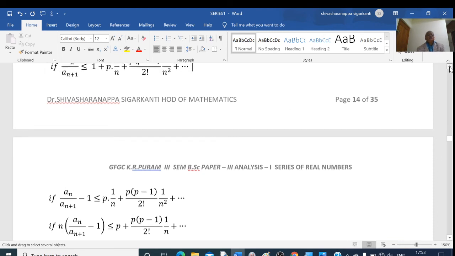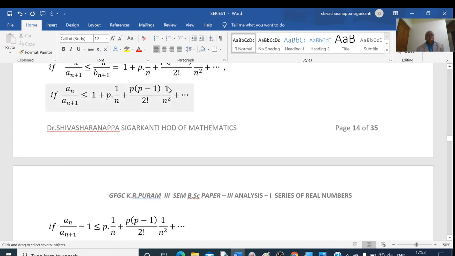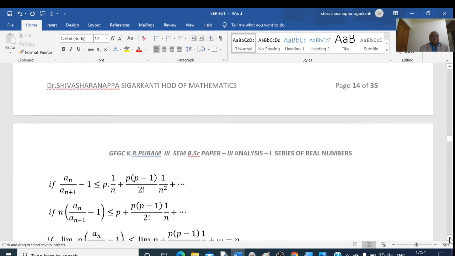So I have the given series: sigma an is divergent if an by a(n+1) is less than or equal to 1 plus this thing. That is, if an by a(n+1) minus 1 is less than or equal to p into 1 by n plus p into (p minus 1) by 2 factorial into 1 by n square, and so on. And we can multiply this by n.